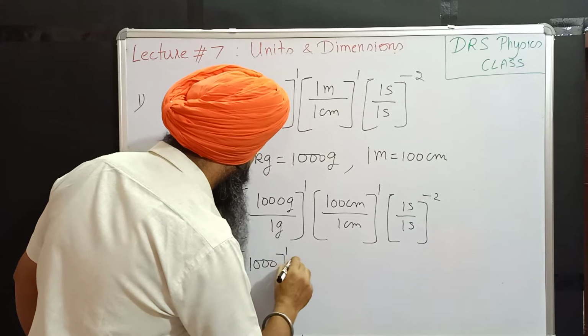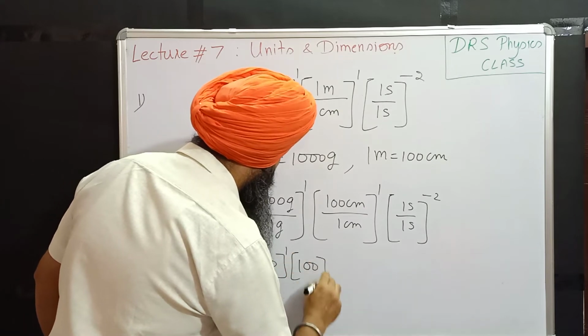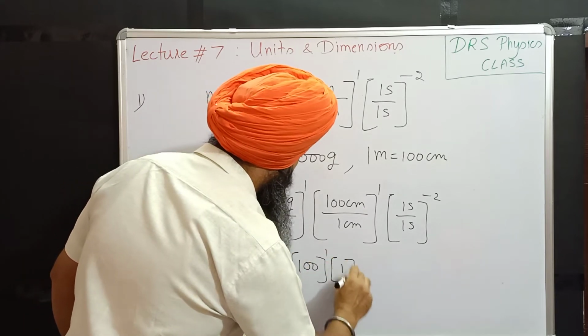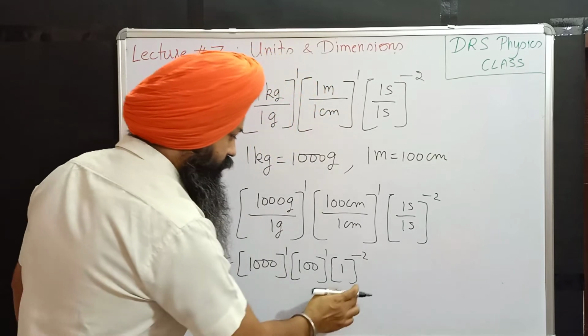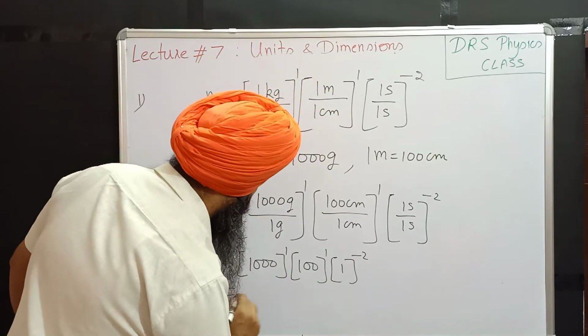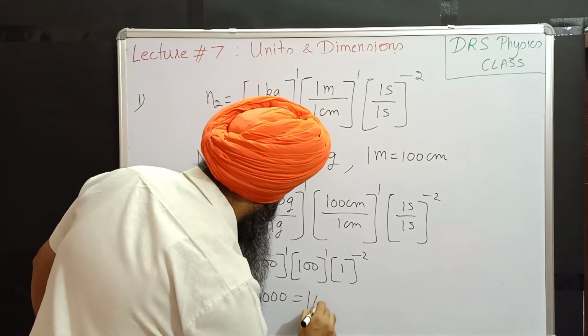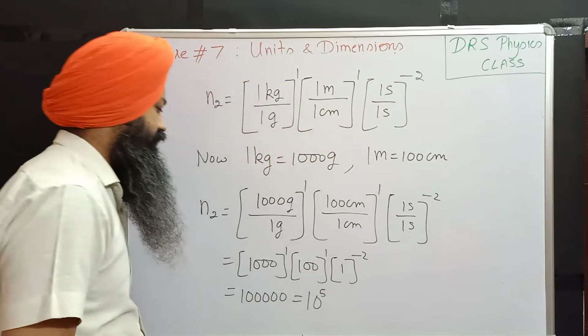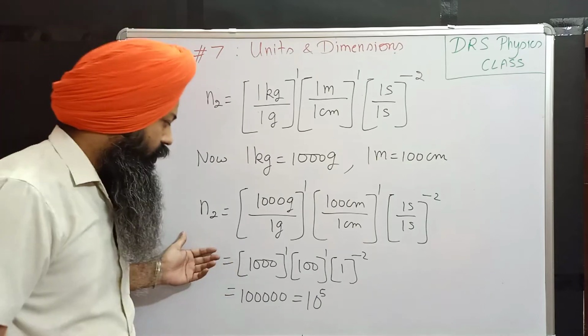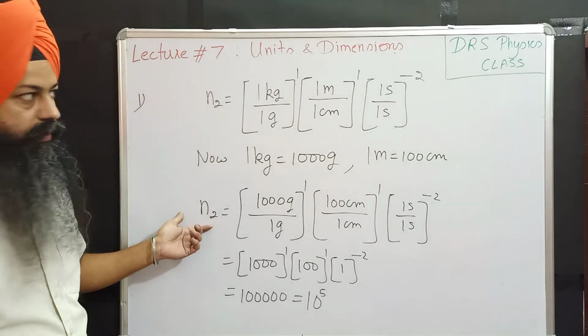So we find 1000 power 1, 100 power 1, and 1 power minus 2. So this would come out to be 10 raised to power 5. So we have found this value of N2.